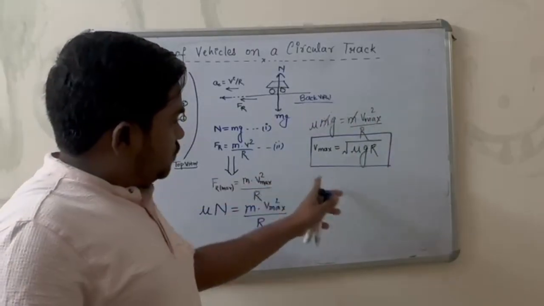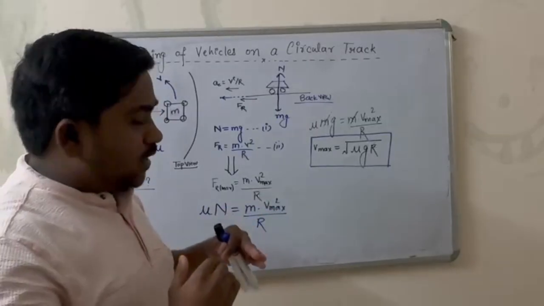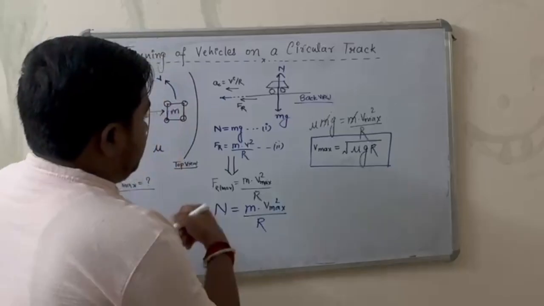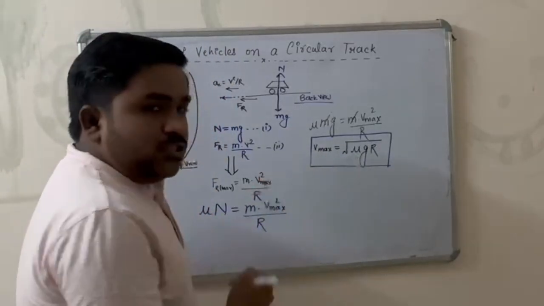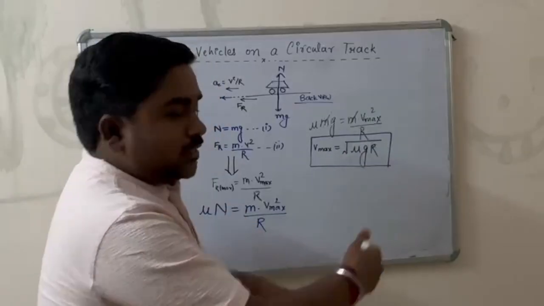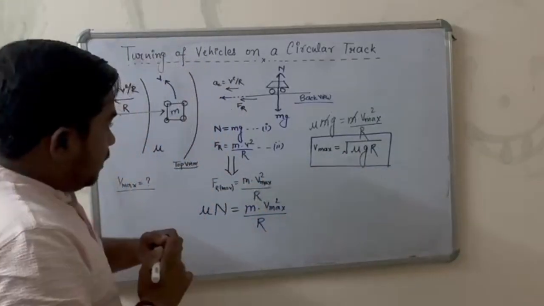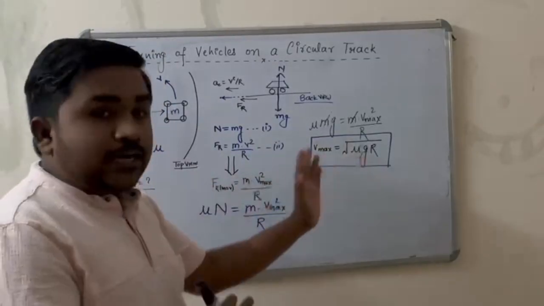Let us analyze this Vmax which we have derived just now. What if we increase the car velocity above this Vmax? What will happen? If you increase the Vmax, can you increase mu? Can you increase g? No. So on the right hand side, only r can be increased. That is, when we drive the car above this maximum velocity, the car will follow a greater radius.